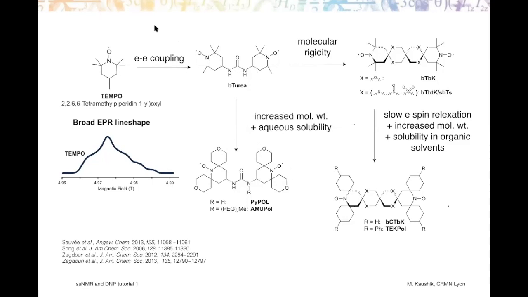Another design is by increasing again the dipolar coupling in a rigid molecular structure such as bTbK, and working again on bulkiness of the groups near nitroxide to find the optimum combination of relaxation times and dipolar coupling. So far, AMUPol and TEKPol are the best performing polarizing agents, radicals at 9.4 Tesla.